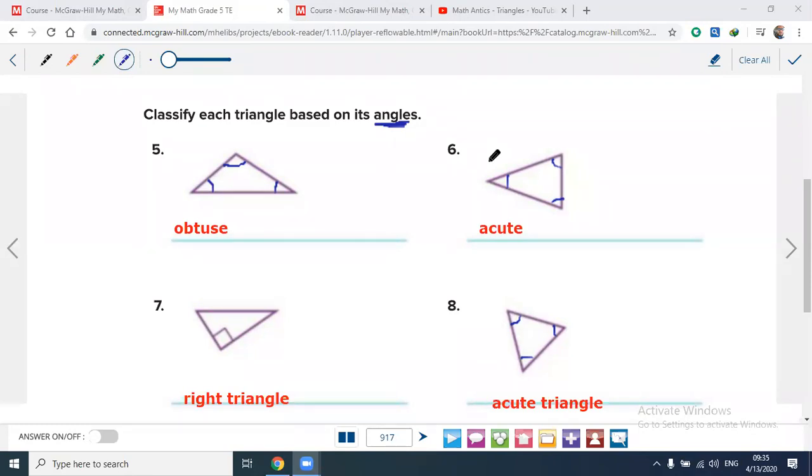Only 2. Yes, 2 sides. The isosceles triangle has 2 congruent sides. The equilateral triangle has how many sides congruent? All 3. The scalene triangle has how many sides congruent? 0. Yes, excellent.